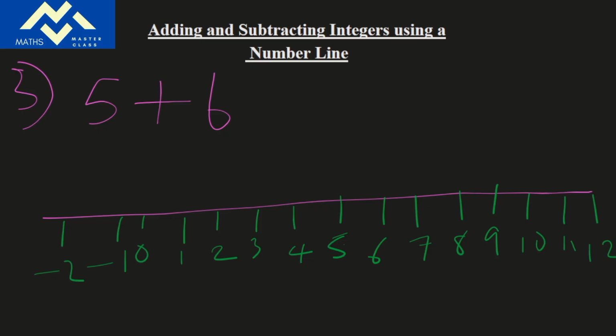So move 6 steps to the right. 1, 2, 3, 4, 5, 6. We land on 11. So 5 plus 6 is 11.